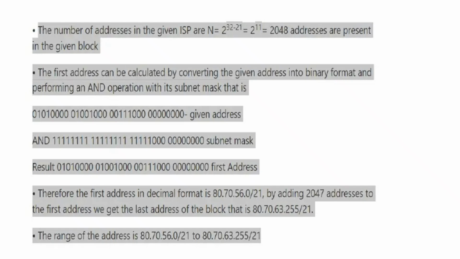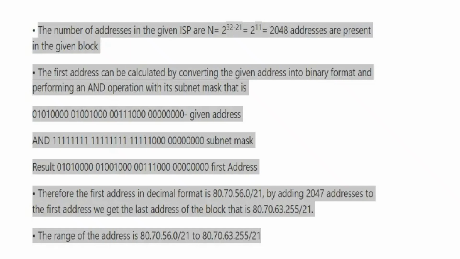Then find its equivalent decimal, that is your subnet mask. In this case, the left 21 bits are as per your IP address, and the remaining 32 minus n, that is 11 bits, you make 0, that is the given address.